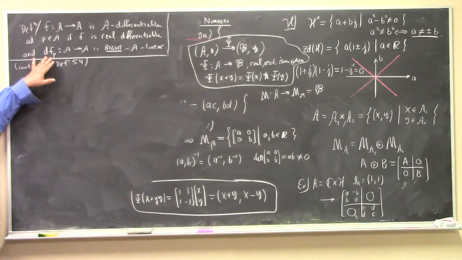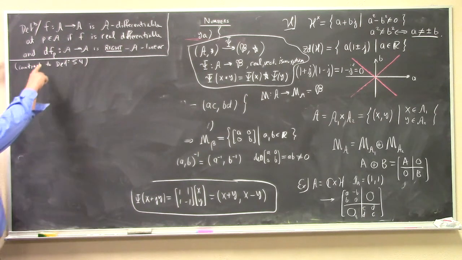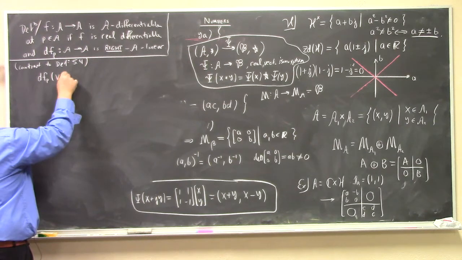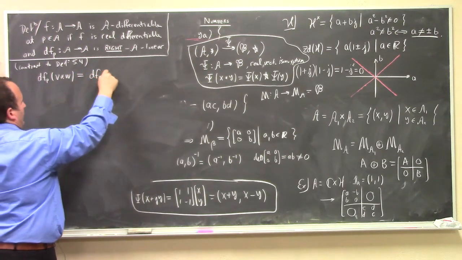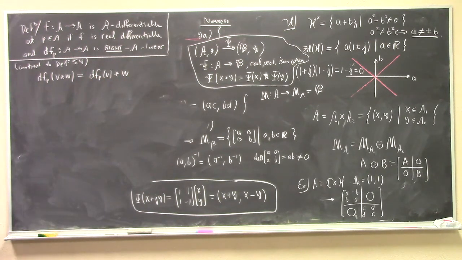So we can say df_p acting on v, or what we used to do. Here we have the condition that df_p(v w) is df_p(v) times w. That is right A-linearity. All right?